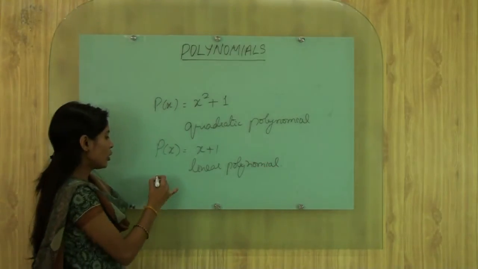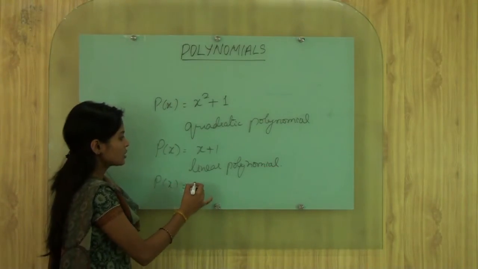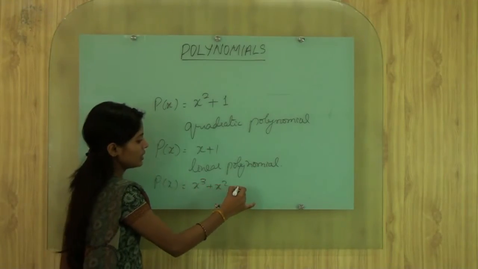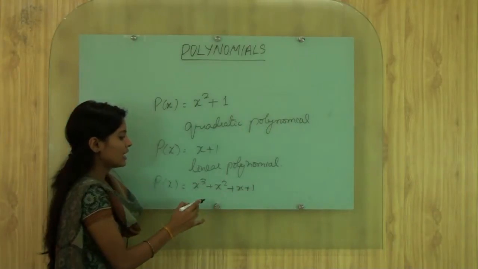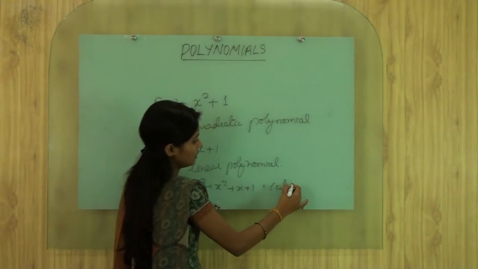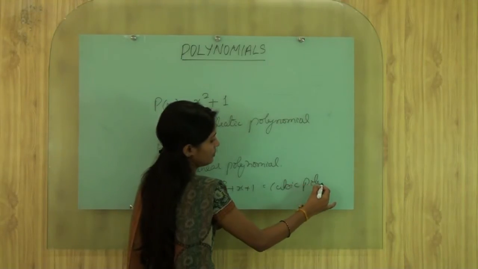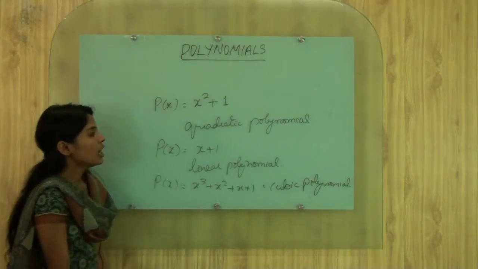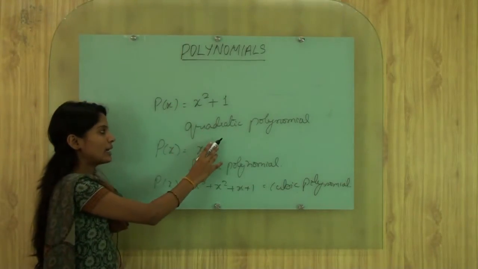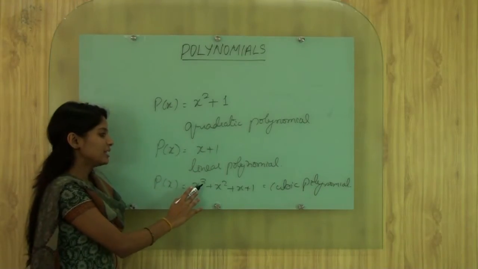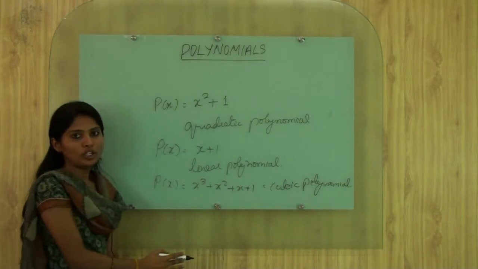And a polynomial of degree 3, like x power 3 plus x square plus x plus 1, has a degree of 3, therefore this is called a cubic polynomial. A polynomial with degree 2 is called quadratic, with degree 1 is called linear, and with degree 3 is called cubic polynomial.